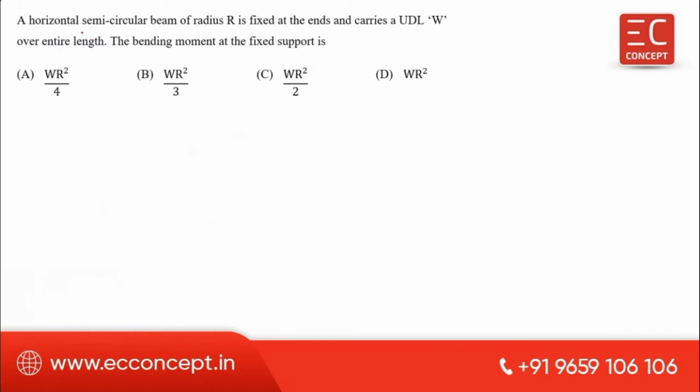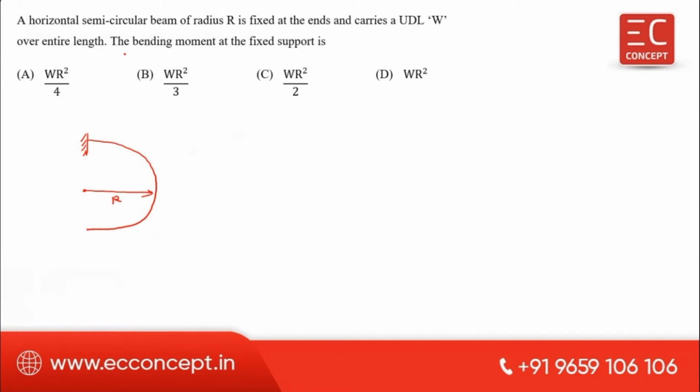The next one. A horizontal semicircular beam of radius R, fixed at the ends and carries a UDL of W kilonewton over its length. The bending moment at the fixed support is, they are asking.